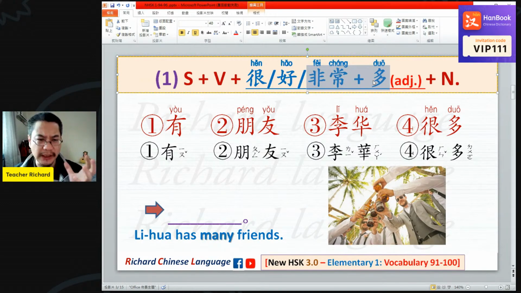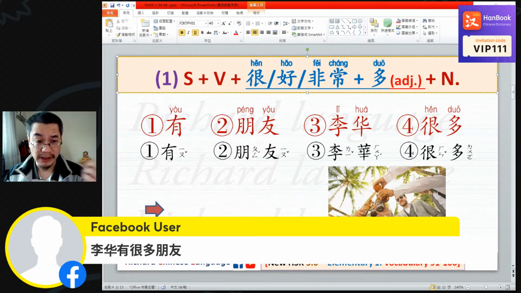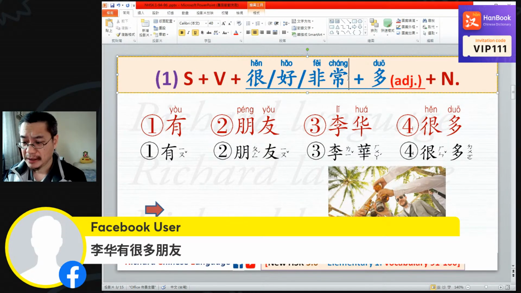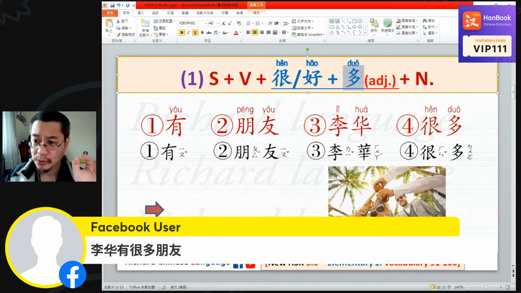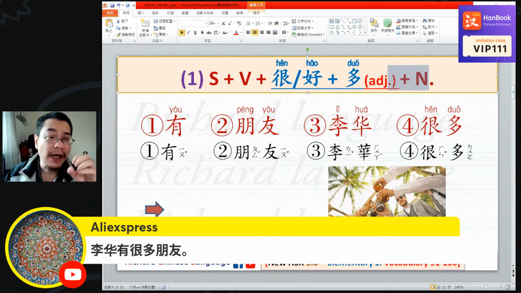We say 非常多的朋友. Oftentimes we say 很多 or 好多 plus a noun. Remember we don't say 李华有多朋友. That's wrong.